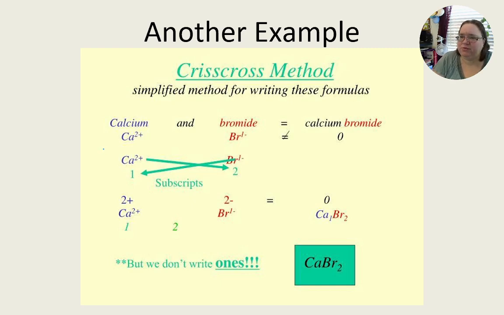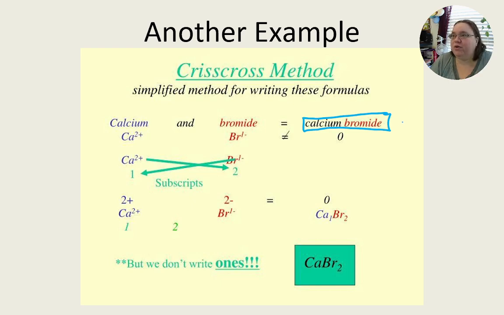Another example, this one is calcium and bromine. Calcium has a +2 charge, bromine has a -1 charge, so we end up with Ca1Br2. Now, again, I don't care if you write the 1s, I'm not going to because I'm going to be a lazy chemist. One other thing I want to point out is notice the name of this compound, calcium bromide.